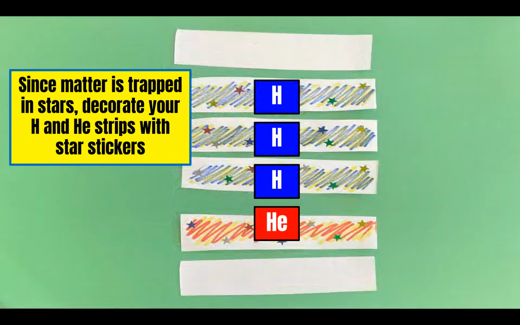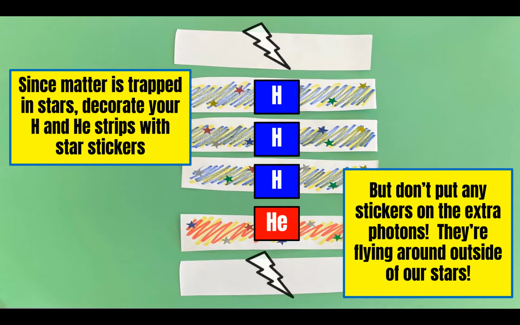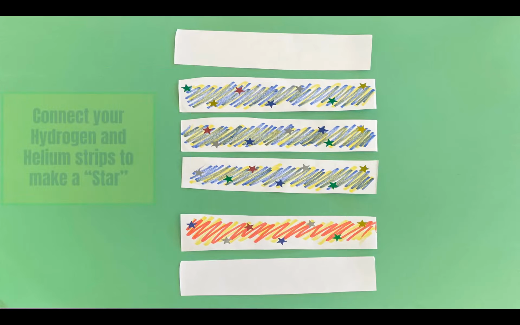So you've got a whole sheet of star stickers, 1 per person. Just go to town, front and back of your strips with stars. This is going to show that the matter, the hydrogen and helium, are trapped inside of stars. But remember, don't put anything on the photons. The photons are still just hanging out. They're still just vibing in the background there.